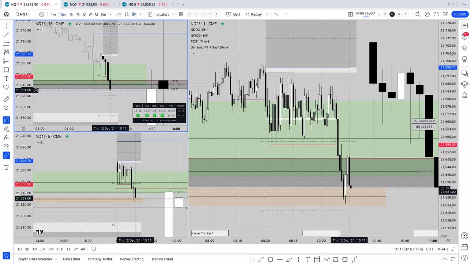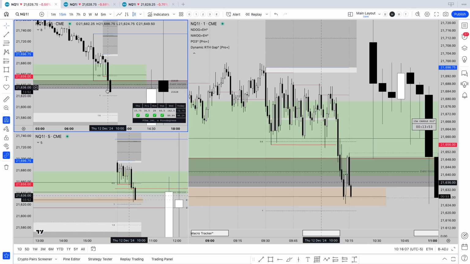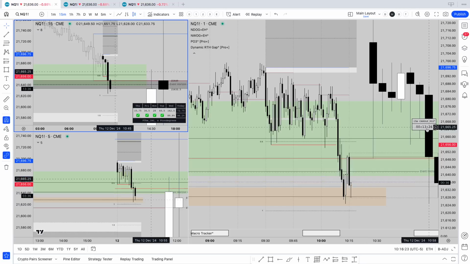If you are going to reverse from here, we should respect the wick of this candle. So this is how you should wait to see what the candle is doing when the candle is forming, how we are closing this candle. And we have 13 minutes for this candle to close.